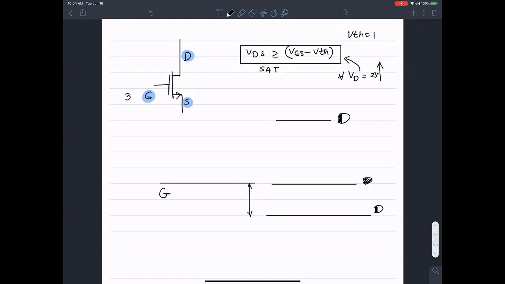VD is going to be greater than VGS minus VT, and then the MOSFET is going to be in saturation.